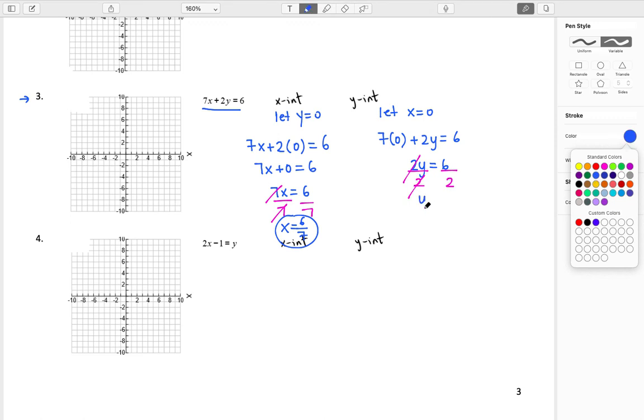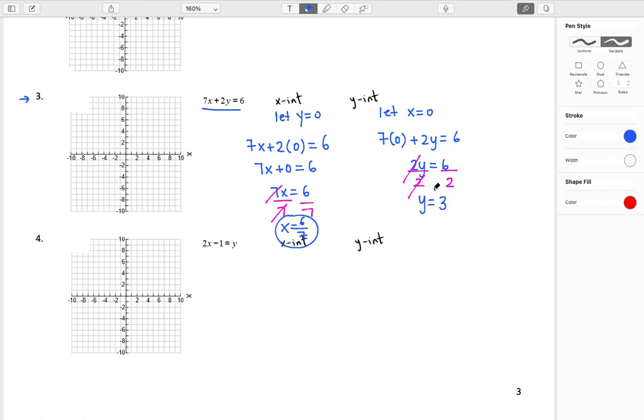Therefore, y is equal to 3. So I can label my y-intercept on the y-axis at 3, and my x-intercept on the x-axis at 6 over 7. It's barely 1 over here; this is 6 over 7. Then we can connect the 2 points, and the graph will look like this.